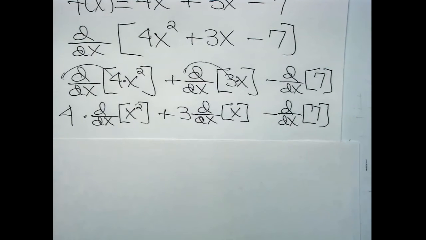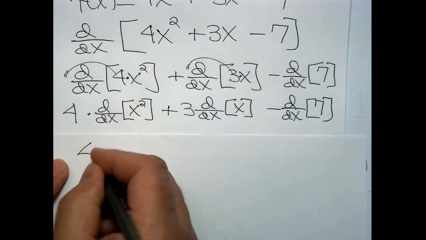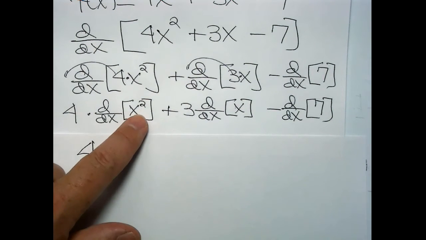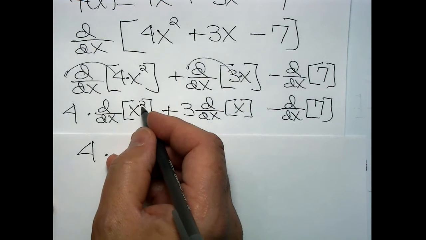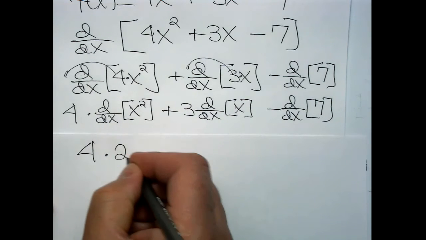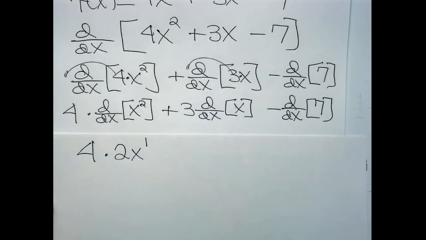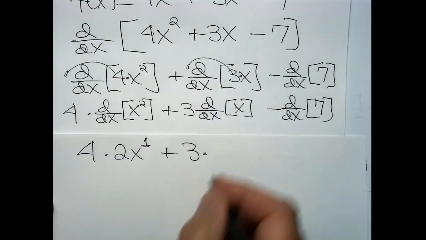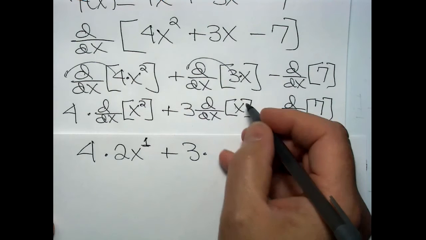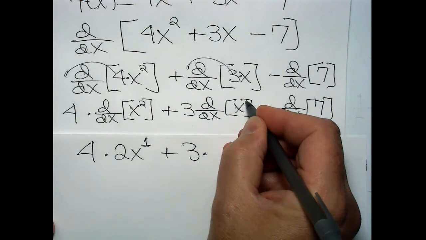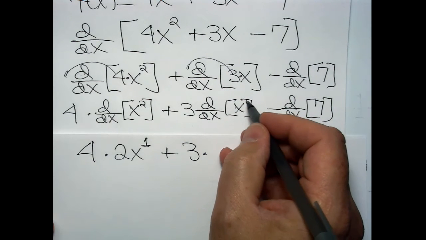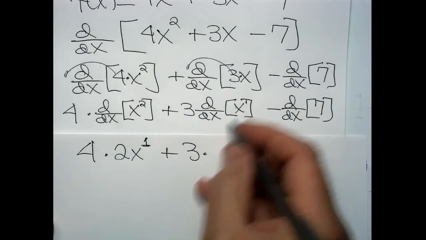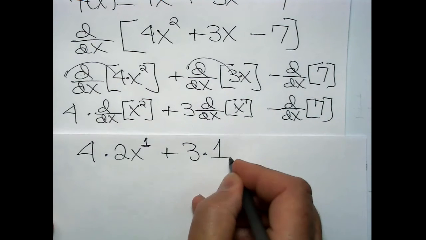So let's do this. Constant multiple 4's got nowhere to go. It sits out front, but we know the derivative of x squared. That's a power function. The 2 comes down, and we deduct 1 from the exponent, and that's what we should have. Now the 3 is going to sit out front. It has nowhere to go. We've never done this one, have we? The derivative of x to the 1 power. Let's use the power rule. The 1 is the exponent.